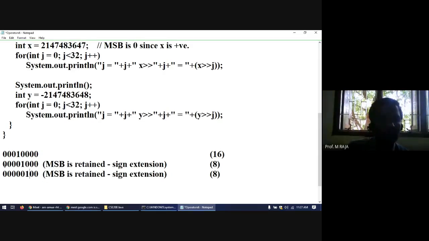Actually, these 7 bits are moved here. This becomes 4. Division by 2, same as in C and C++ languages. Bitwise right shift operation performs division by 2. Bitwise left shift operation performs the role of multiplication by 2.